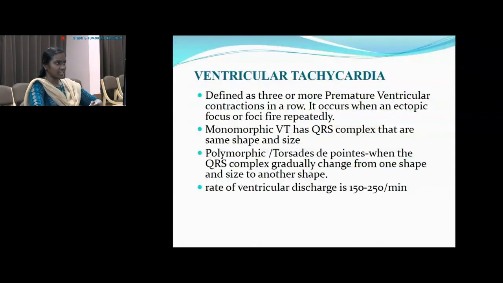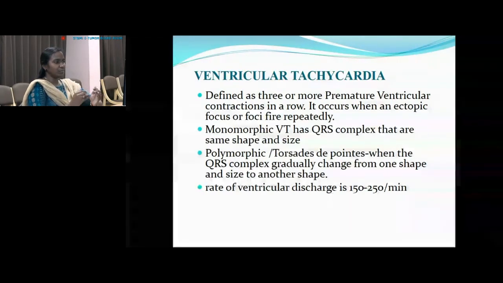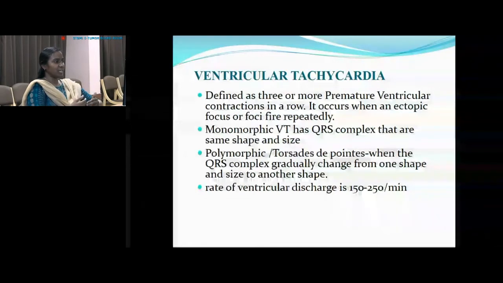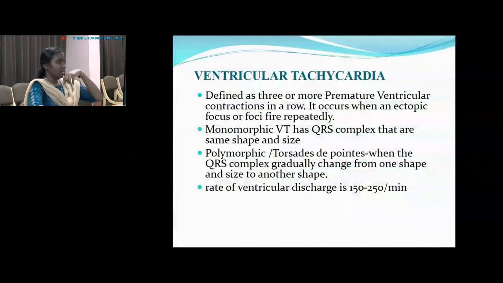Like when we observe 2 consecutive PVCs, we call it ventricular couplets. If it is 3 or more premature ventricular contractions, we give another name, that is ventricular tachycardia. It occurs when an ectopic focus or foci fire very rapidly or repeatedly.